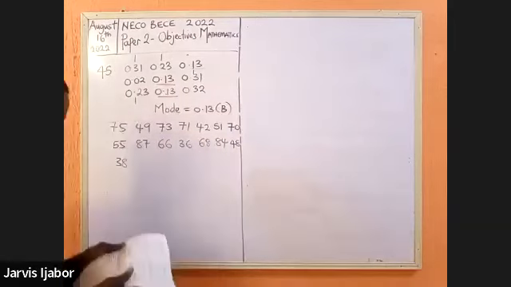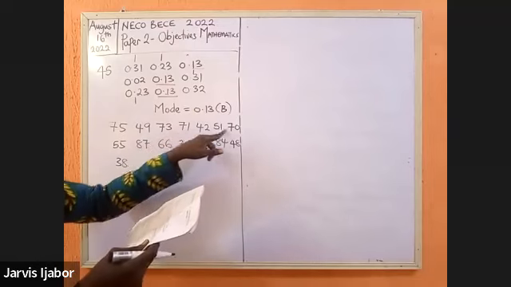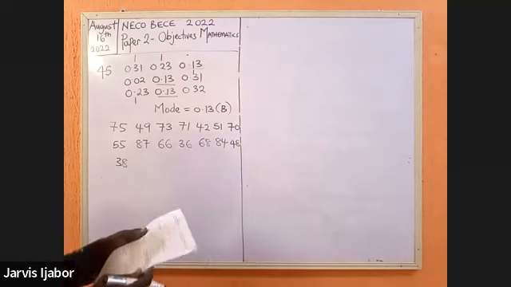I hope I got that right. Let me check. 1, 2, 3, 4, 5, 6, 7, 8, 9, 10, 11, 12, 13, 14, 15. Okay, there are 15 scores.